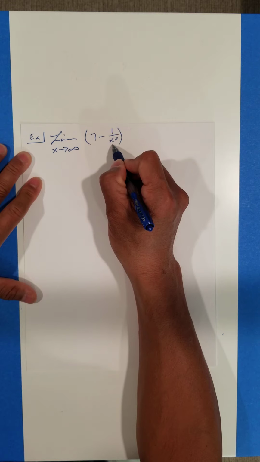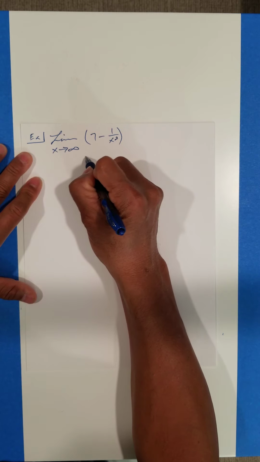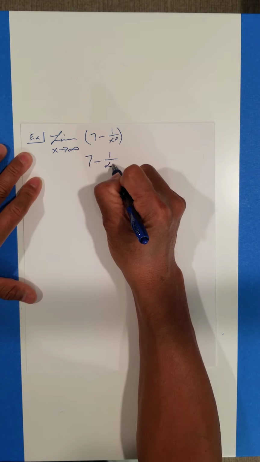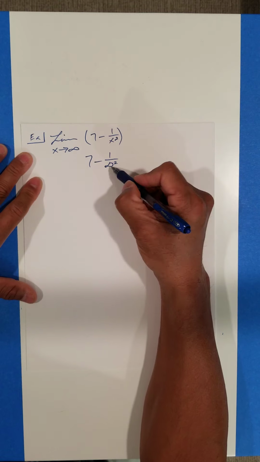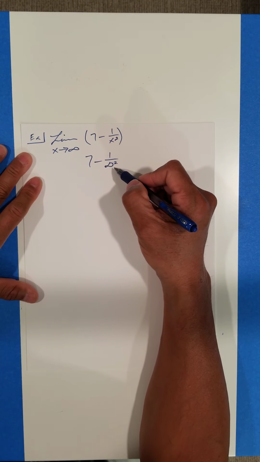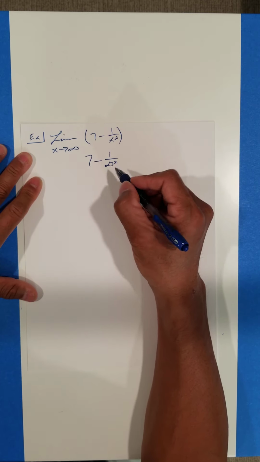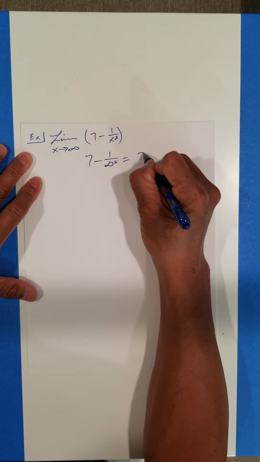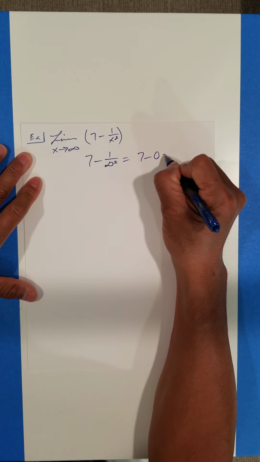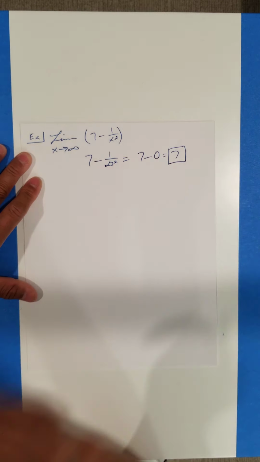But when x goes to infinity, you're going to have 7 minus 1 over infinity squared. Infinity is a really big number. When you square, it's going to be huge. So 1 over a huge number is going to be 0, basically. So this will give you 7 minus 0. So your limit there is 7.